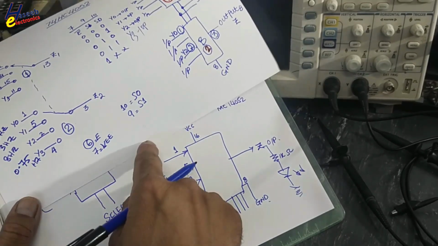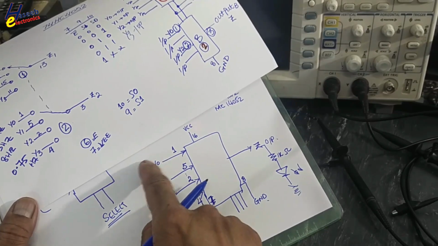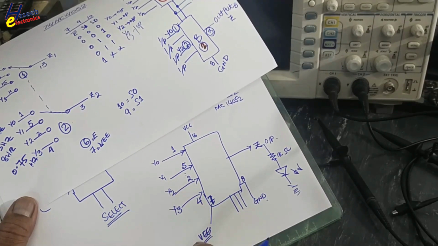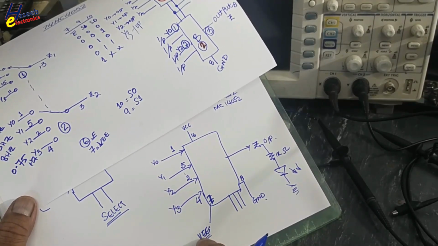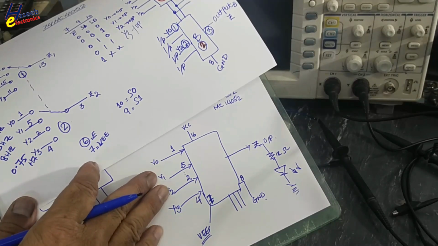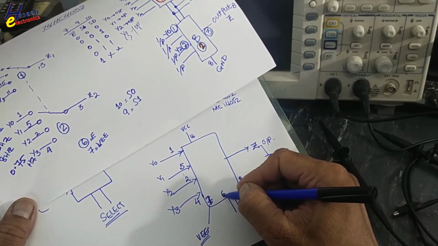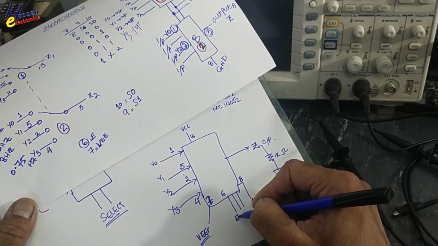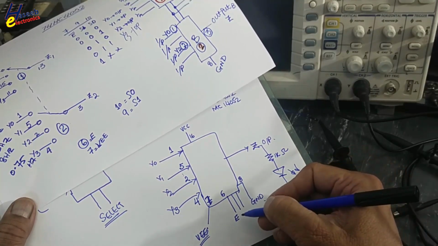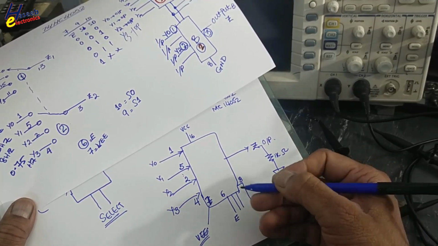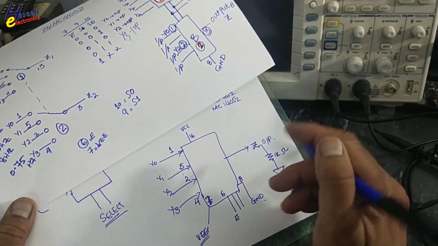When we connect any signal here, the signal high side is connected here and the low side is connected here, so that this signal will pass through this IC. Pin number 6 is the enable pin. When it is connected to 0, at that time this IC will function.